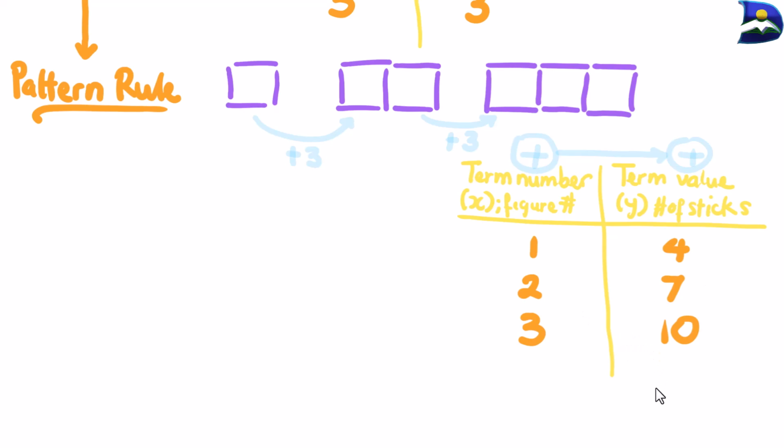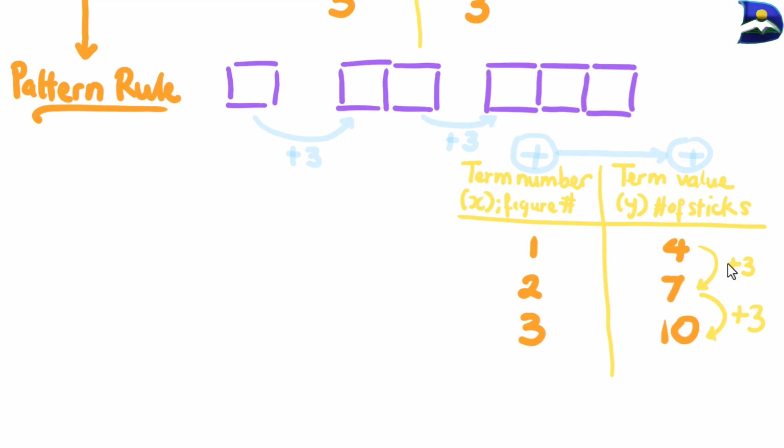But to determine the relationship, first we need to look at the term value, number of sticks, and see what relationship is common going from 4 to 7, and it must be the same as going from 7 to 10. And in this case, we see that we have plus 3 going from 4 to 7, likewise going from 7 to 10, which is plus 3, which means that our 3 is going to be what?